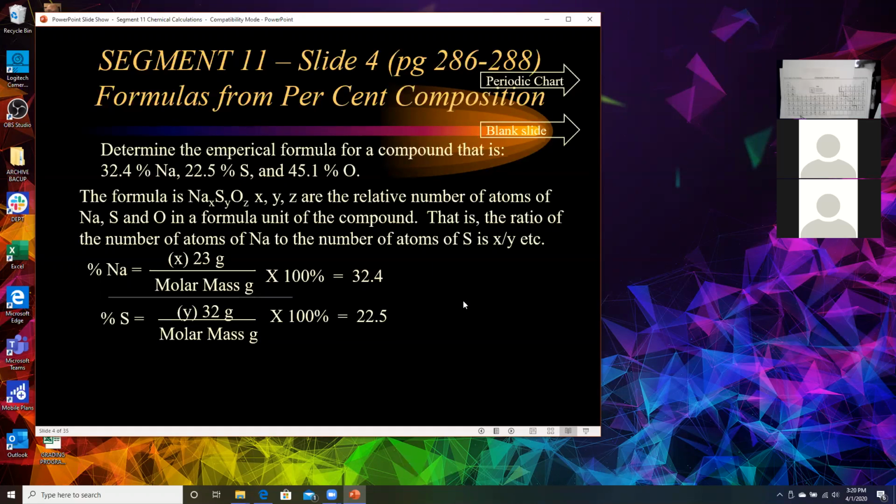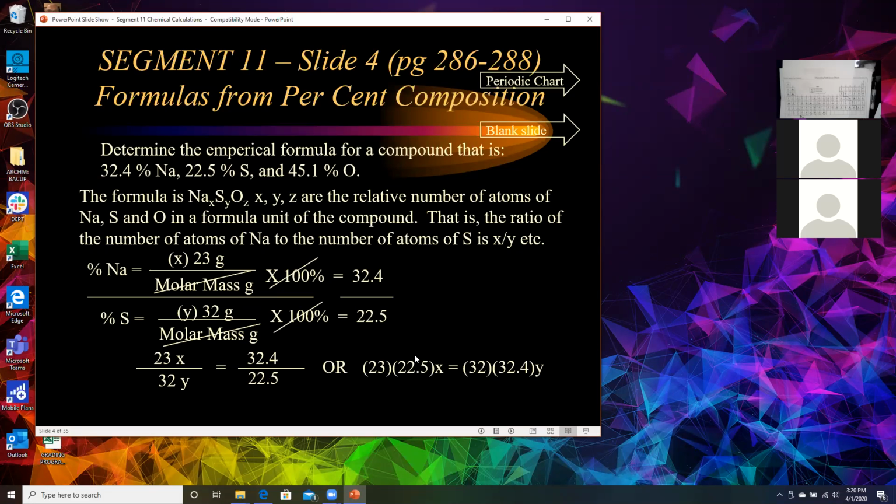Now look what happens if you divide these by each other. If you divide the percent of sodium by the percent of sulfur, you're going to get some cancellations. The molar masses will cancel out. The 100s will cancel out. So you're left with 23x over 32y is equal to 32.4 over 22.5.